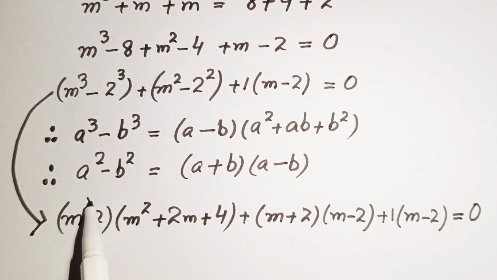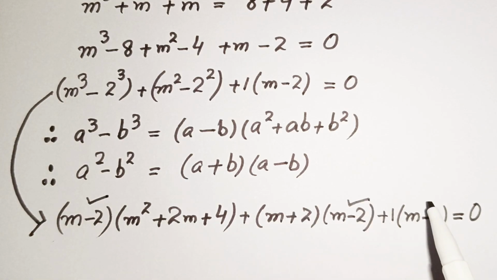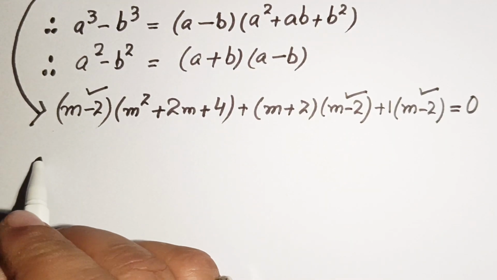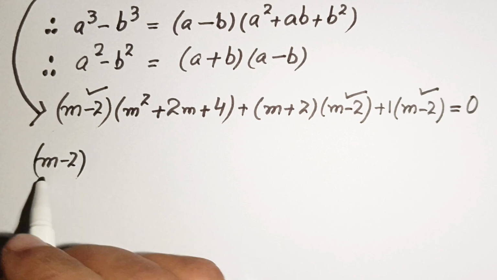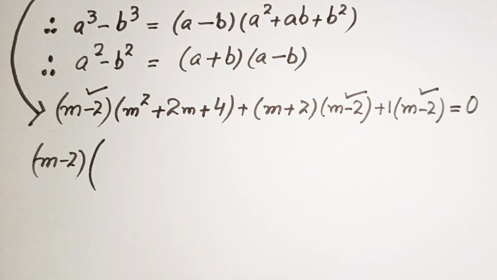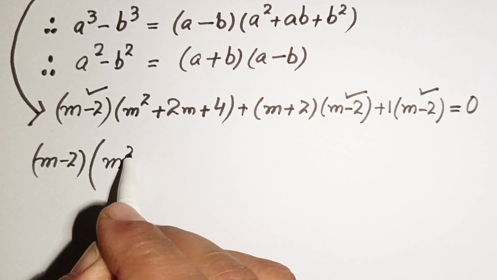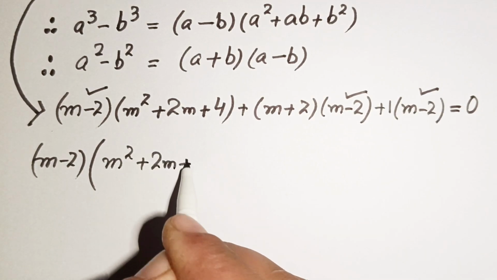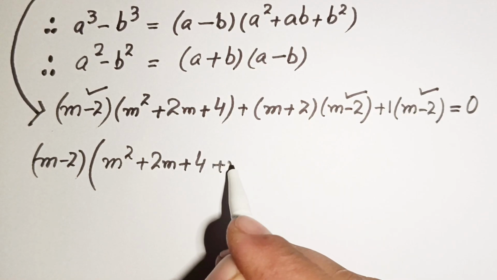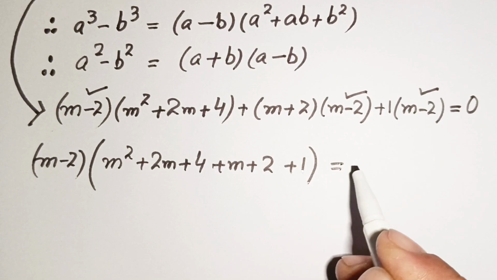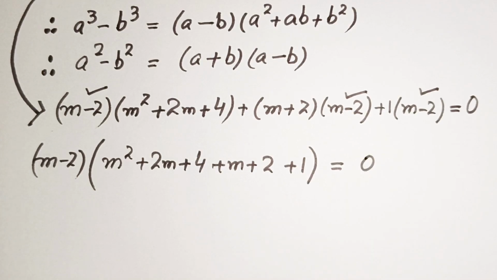Now we see that this m minus 2 and this other m minus 2 is a common term, so we are going to take m minus 2 as common, then we have m minus 2 times m squared plus 2 times m plus 4, and it will be plus m plus 2, so it is plus 1, that is equal to 0.